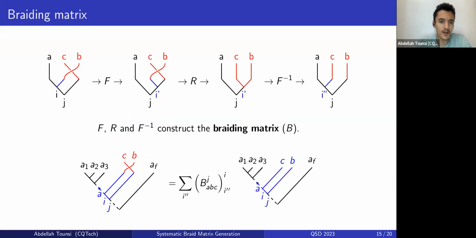How do we use fusion and R matrices in practice? Let's consider this case where we have three anyons, and we want to make a braid between the second and third anyon. So we should first apply the F transformation.